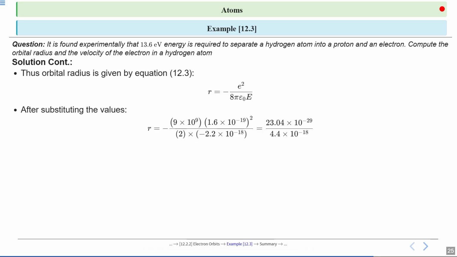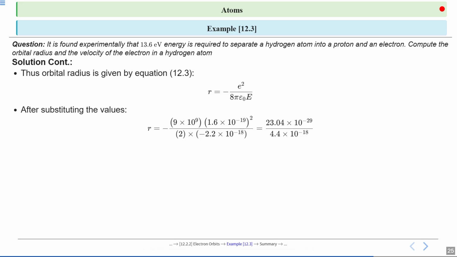Okay, so after putting the values, we will simplify 8 pi epsilon naught into 2 multiplied by 4 pi epsilon naught. So it will become 1 by 4 pi epsilon naught, which is 9 times 10 to the power 9, multiplied by e square, that is 1.6 times 10 to the power minus 19 squared, upon 2 multiplied by E. Where did the 2 come from? We converted 8 pi epsilon naught into 2 multiplied by 4 pi epsilon naught.